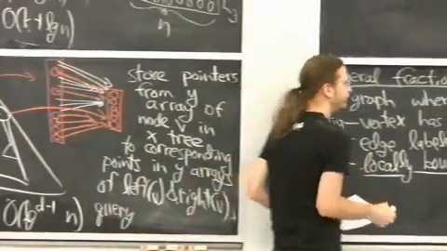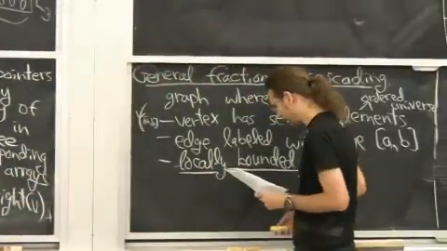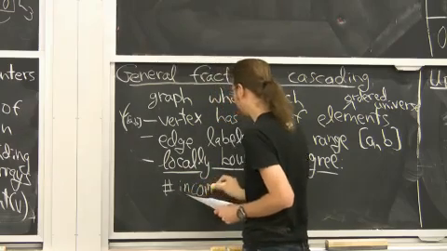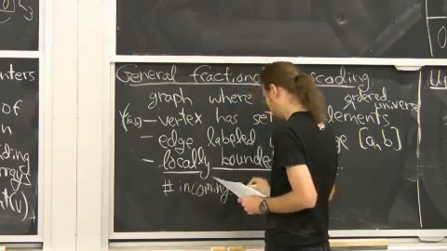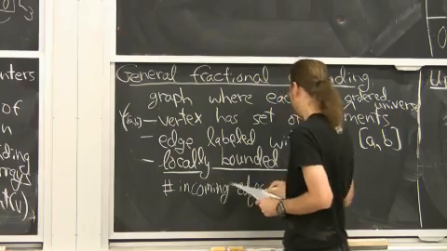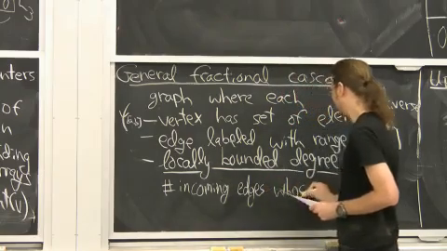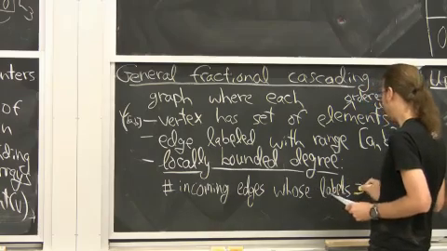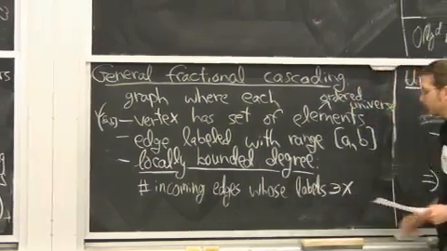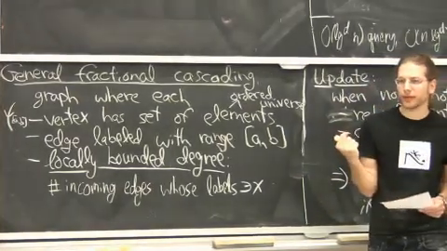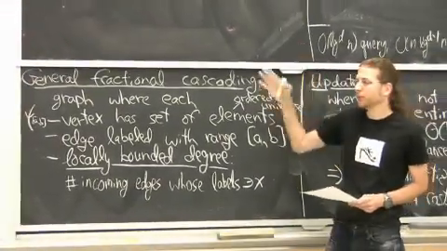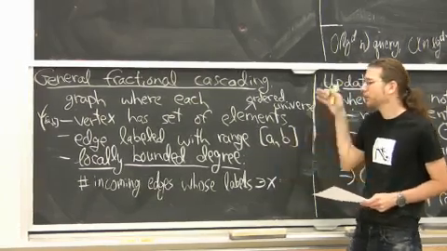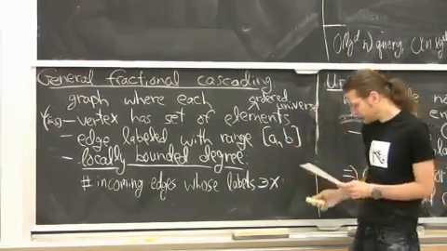We can have a slightly weaker condition, which is called locally bounded in degree, where the number of incoming edges for a node whose labels, the labels are ranges, the labels have to have a common intersection, x. So if we're searching for some item x, and if all the possible ways we could enter this node given item x, so this x has to fall in all those ranges, that should be bounded.